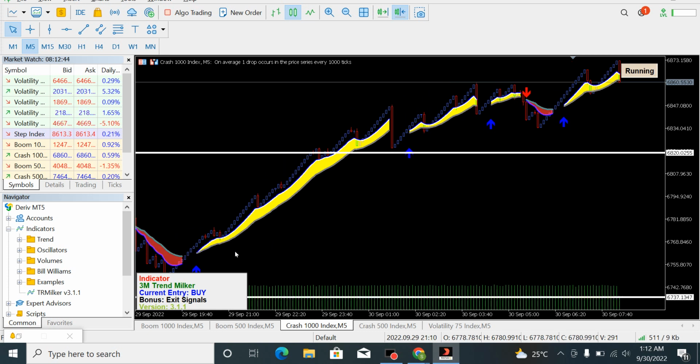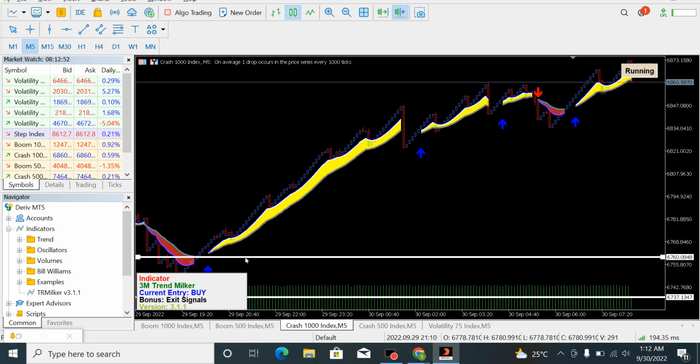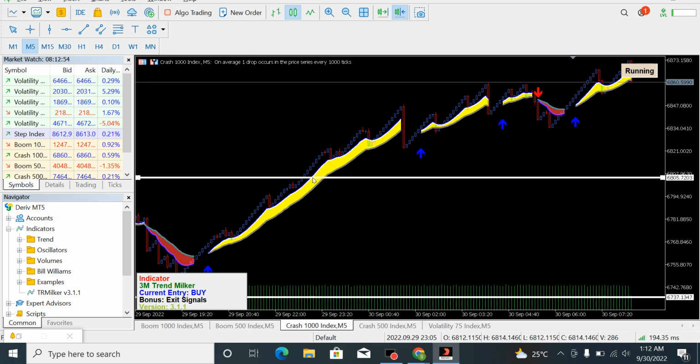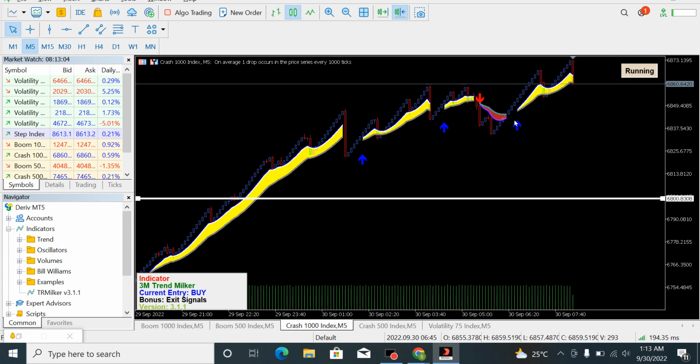Like I used to tell you, this is Crash 1000. The best time to trade it is when the market is on uptrend, but the best entry point is around here. If you miss here and the market is still within this region, you can still enter. But right here, it has gotten to a major resistance zone, so anything can happen around here.